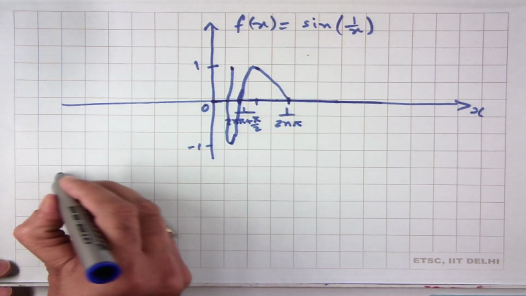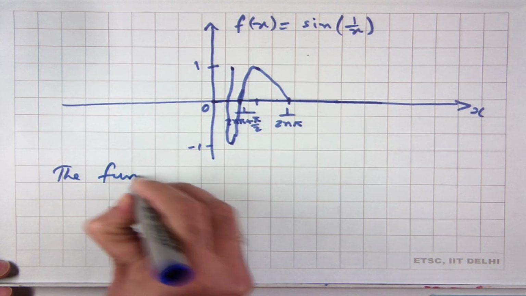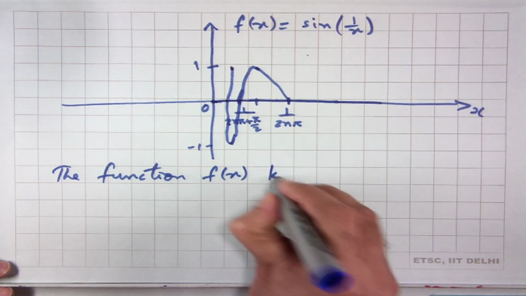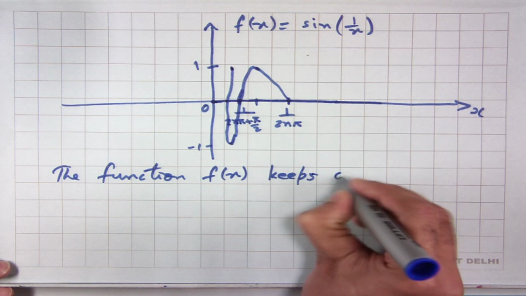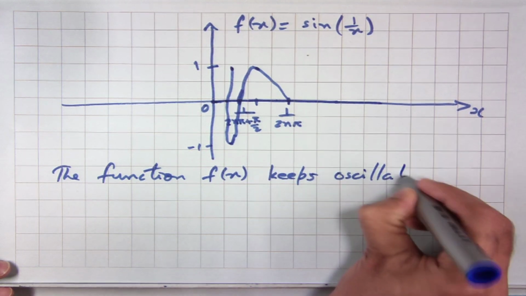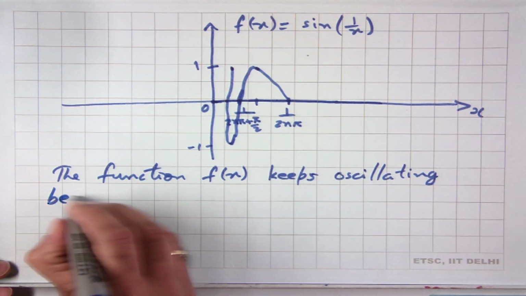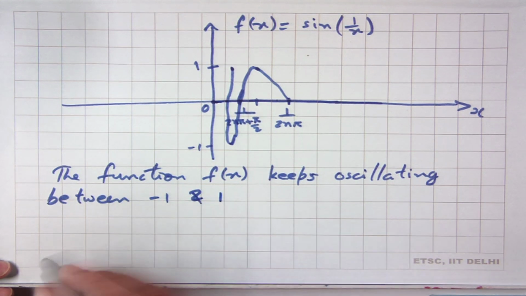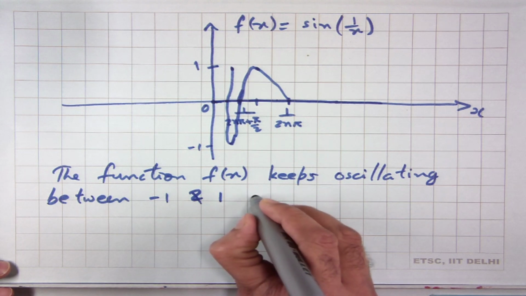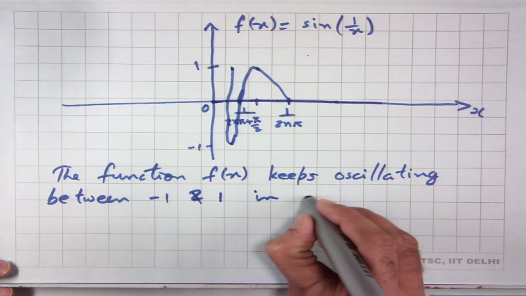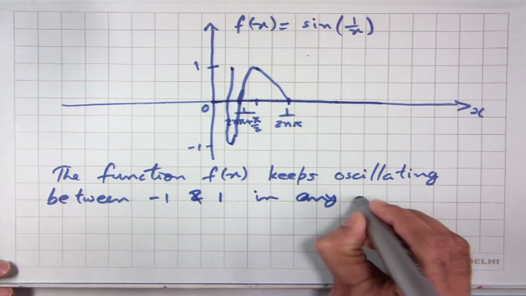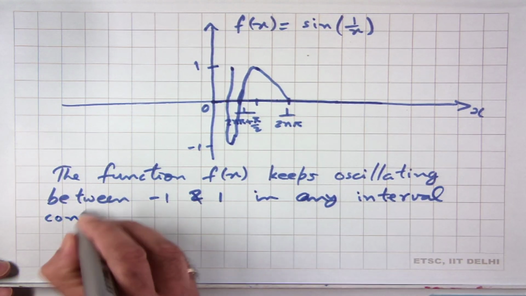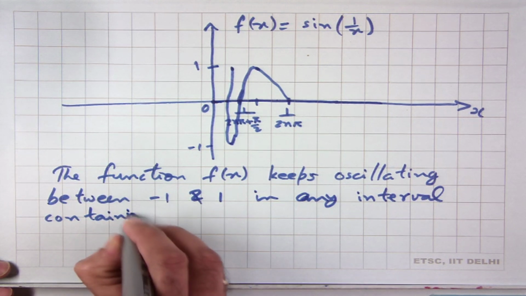So, what happens, the function f(x) keeps oscillating between −1 and 1 in any interval containing 0.